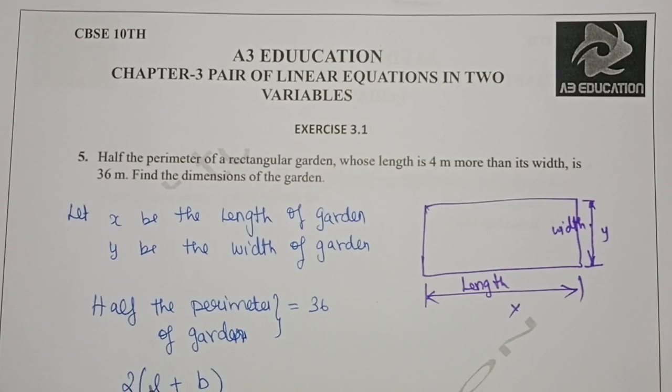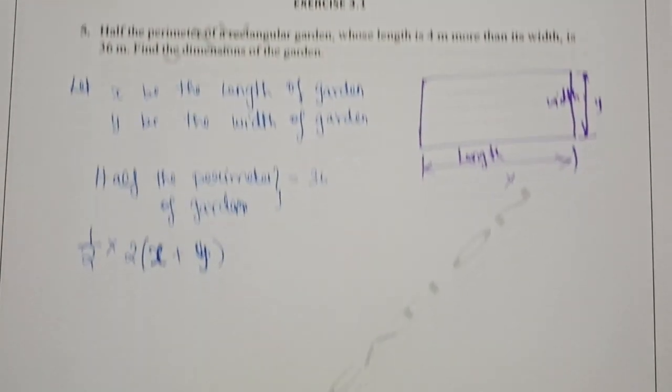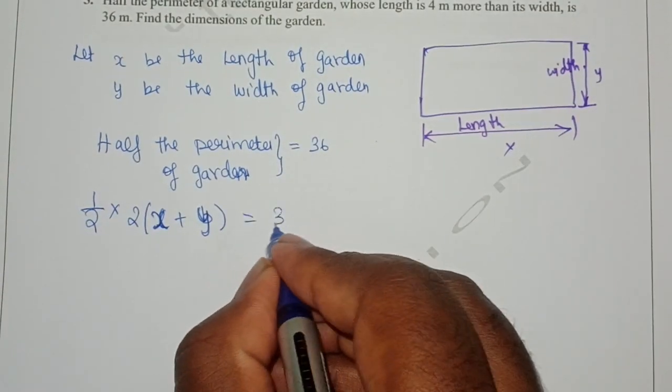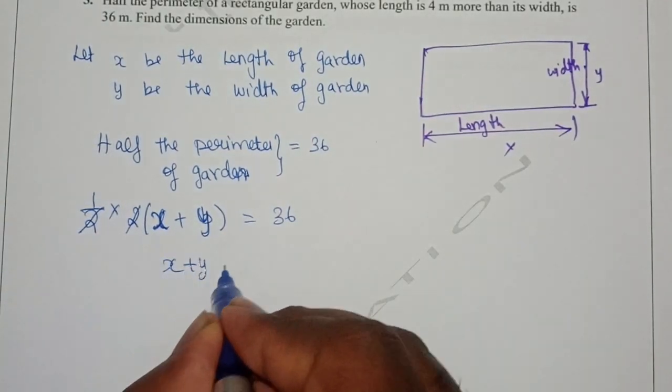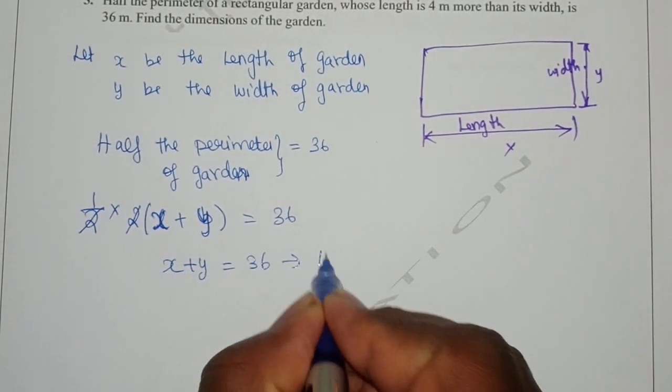But here L is x, B is y, and the perimeter is given as 36. Therefore, 1 by 2 into 36, the 2 cancels. Therefore, x plus y is equal to 36 is our first equation.